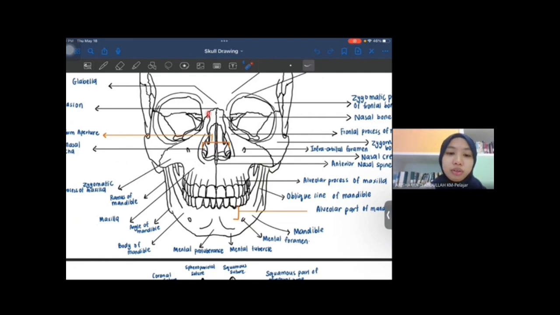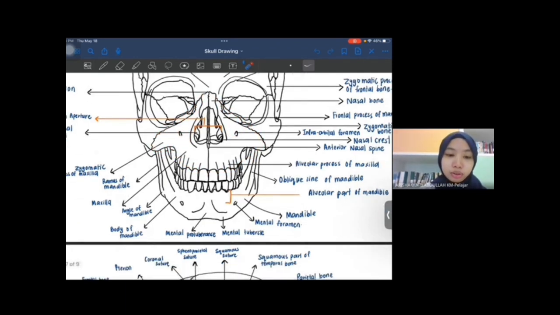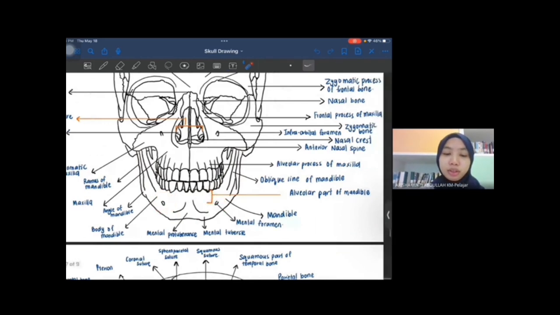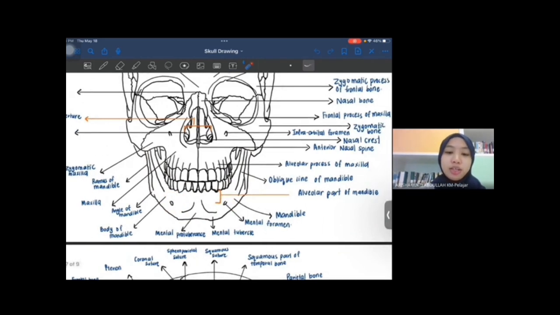The body of maxilla consists of two infraorbital foramen, and the body of mandible consists of two mental foramen. Besides, the maxilla body consists of the alveolar process, but the mandible body consists of the alveolar part of the mandible. Okay.